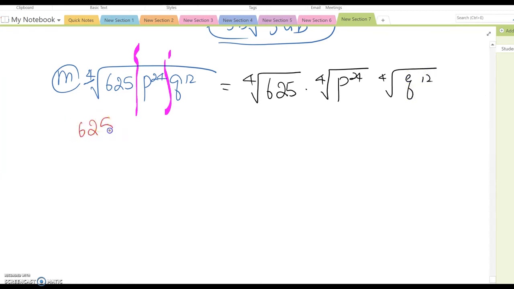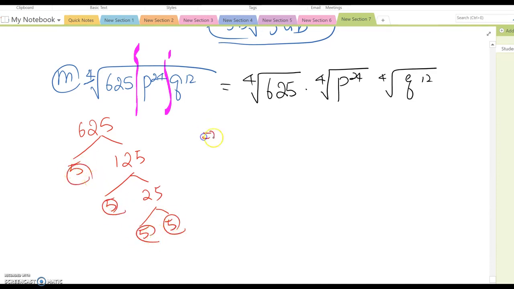So 625 means 5 times 125. This is the 5 times 25. This is the 5 times 5. So 1, 2, 3, 4. And then this one case, P24, right?